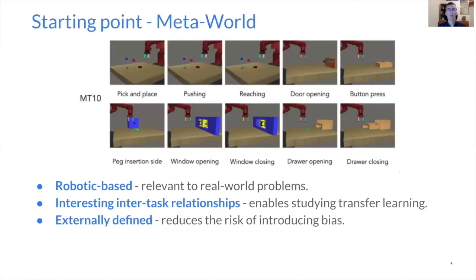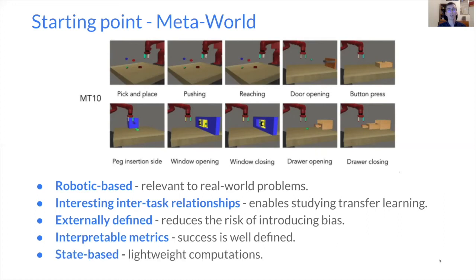Also, the goals are externally defined and widely accepted by the community. It has interpretable metrics, which means that the success is well defined. And finally, it can be trained from state representation, which reduces the requirements in terms of computational power. In particular, we run all our experiments on just CPUs.